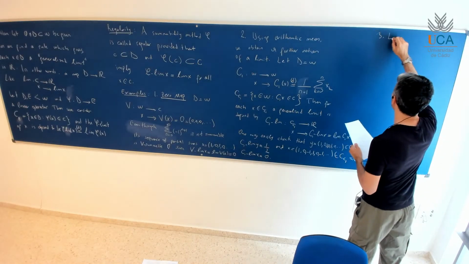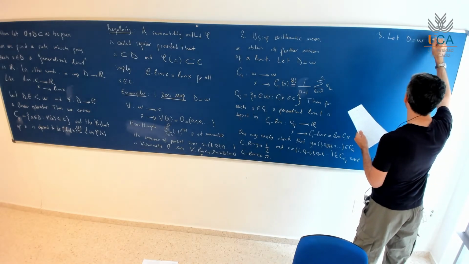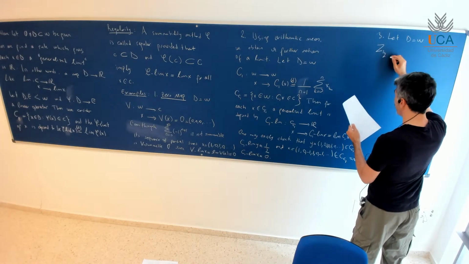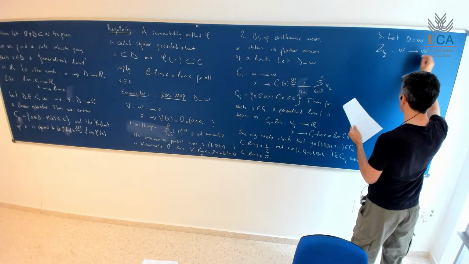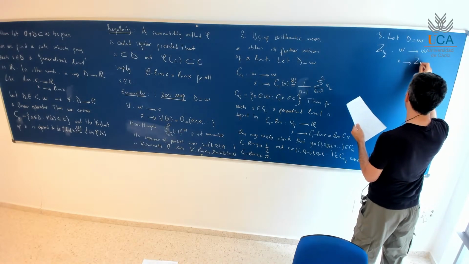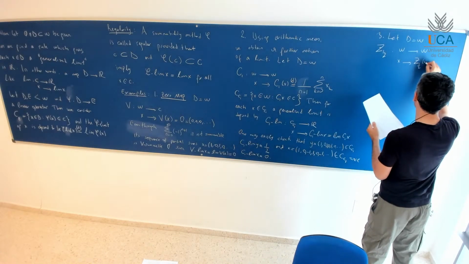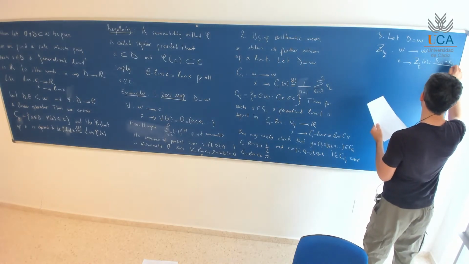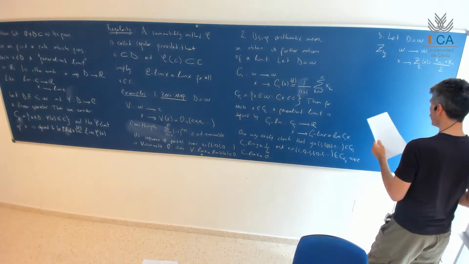Now let D be omega again and let the map Z1/2 be defined as follows: (x_{n-1} + x_n)/2.